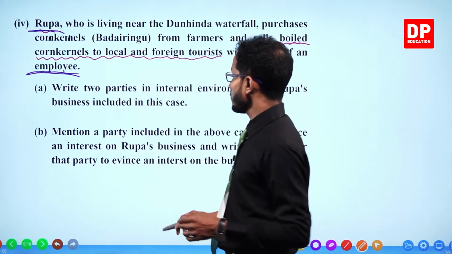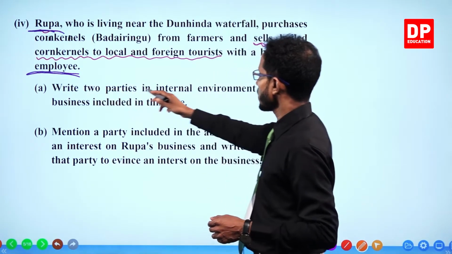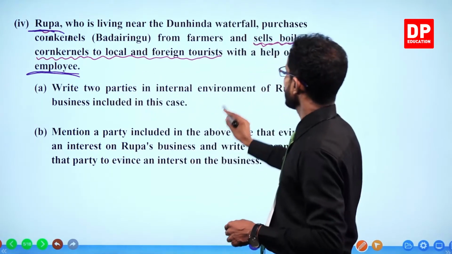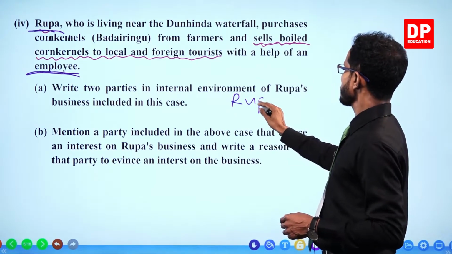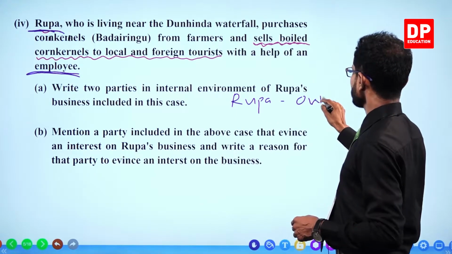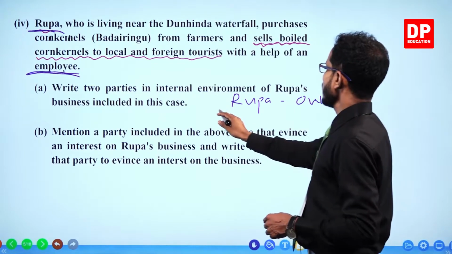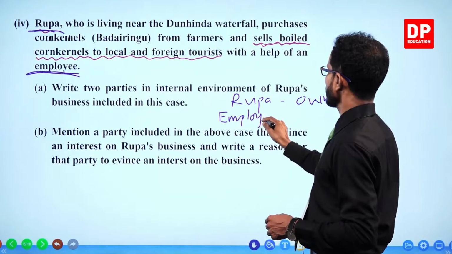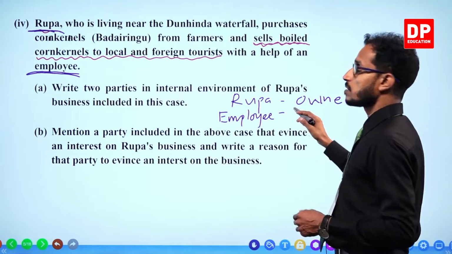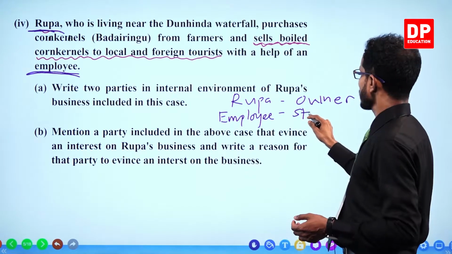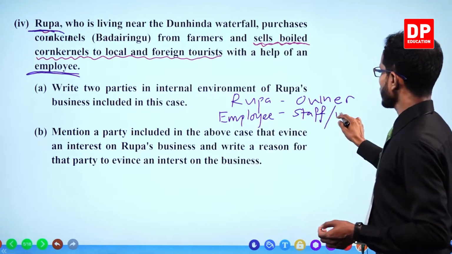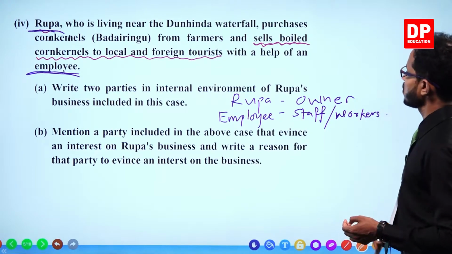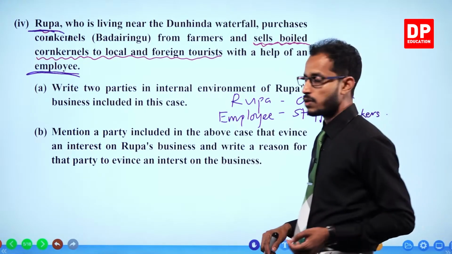Rupa and the employee. Two parties in the internal environment of Rupa's business. So you have to write Rupa, owner, employee, staff or workers. Okay.